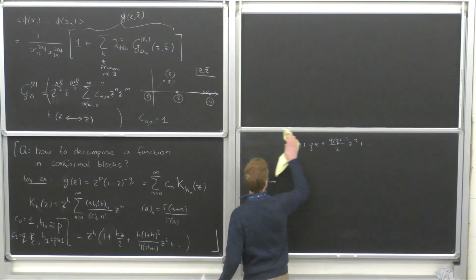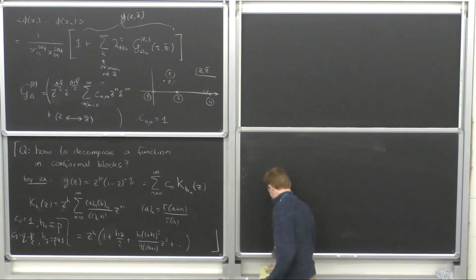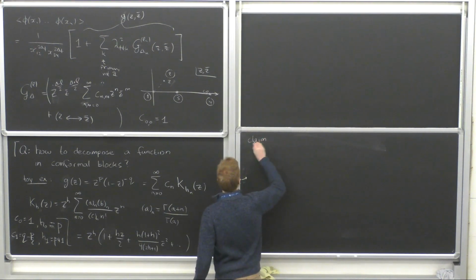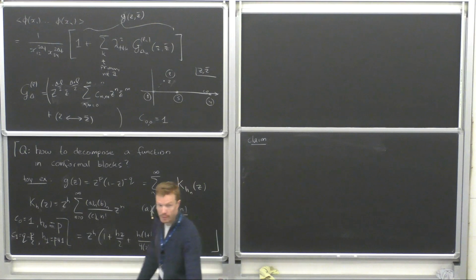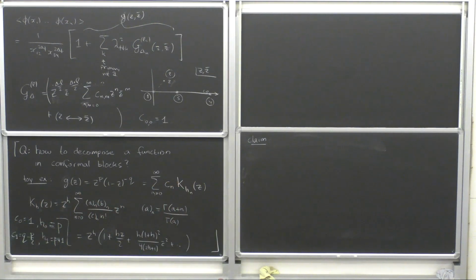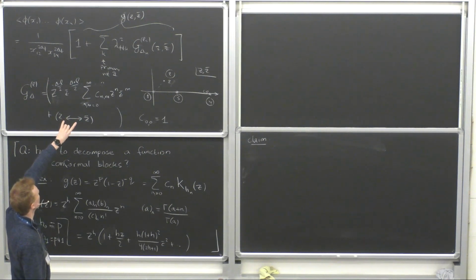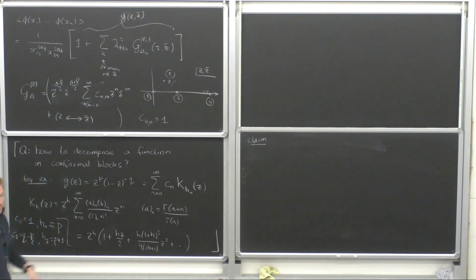Let me erase this because it really fit inside the parentheses. So here's a claim. We want to solve these equations, so one silly thing you can try is to take a block and expand it in blocks in the other channel, with a similar expansion around z equals 1, and then maybe I can repeat things like that.